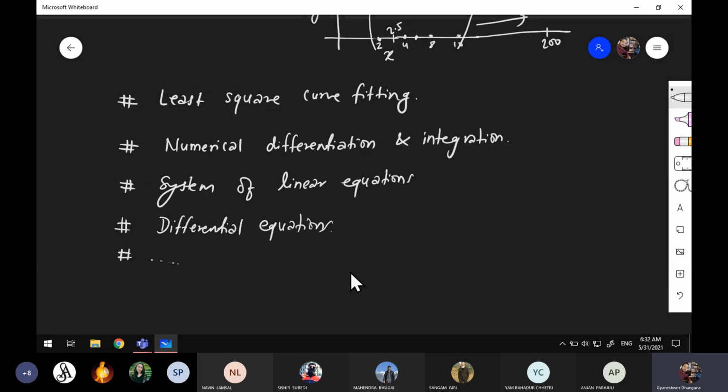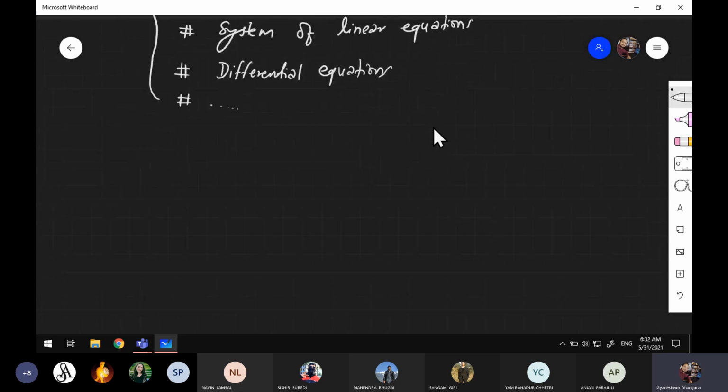In our course also, we will try to solve all these kinds of problems by using the numerical method. So finally, we can conclude what conclusion we can make about the numerical method: we can apply it in different cases.